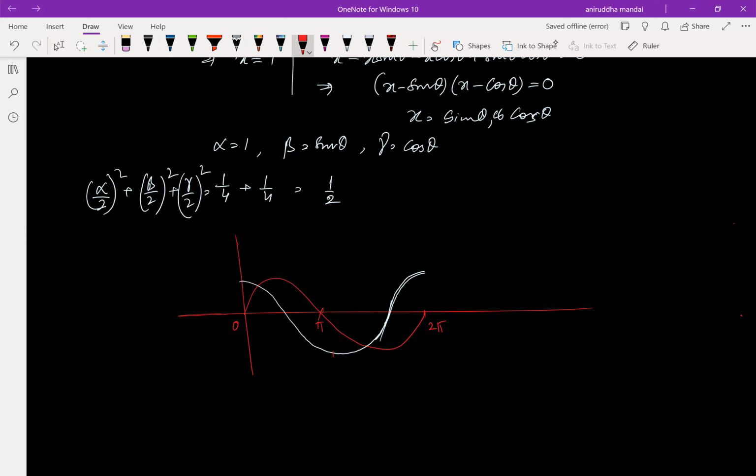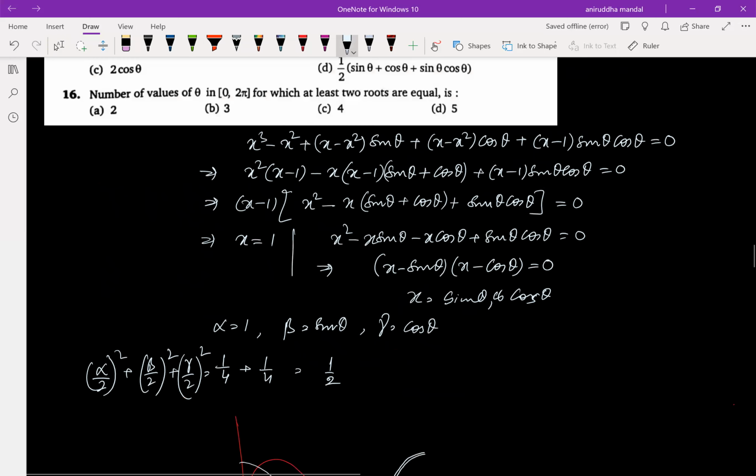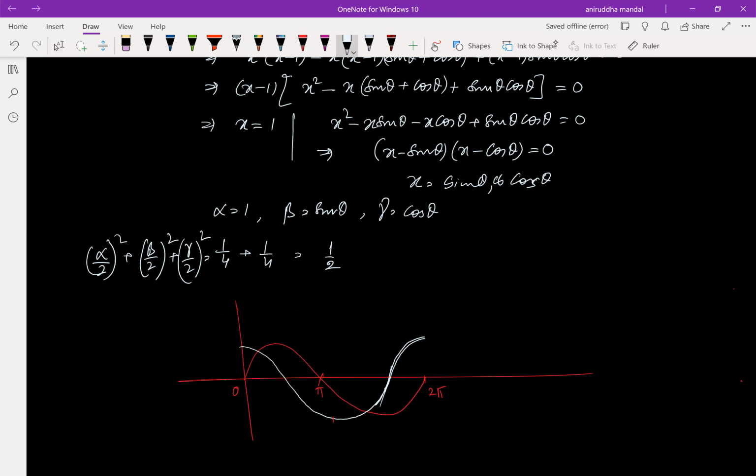So it is asked that at least two of the roots are equal. So sine theta, cos theta is equal at this point and this point. Okay, so this is two values, and last is if we take 1 with sine theta and cos theta, so we have 1 point here, 1 point here, and last point is here.